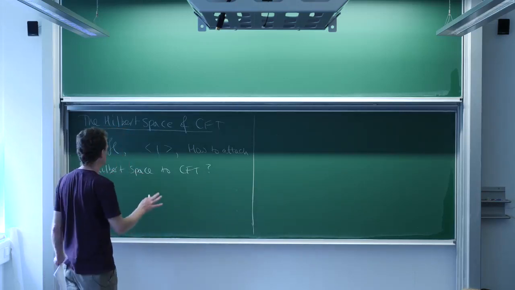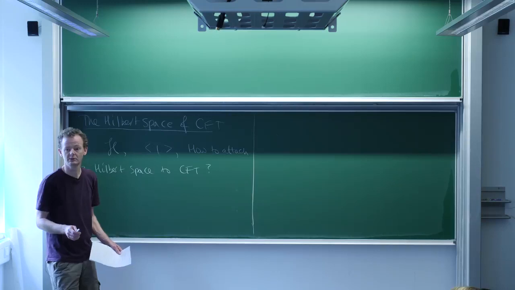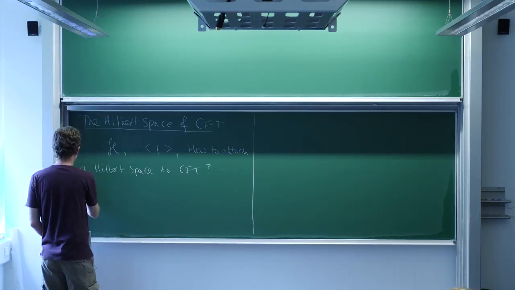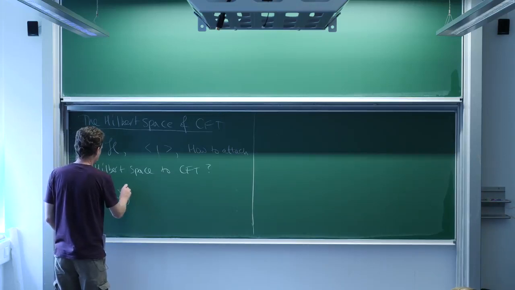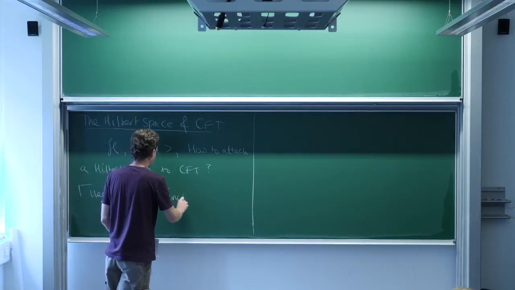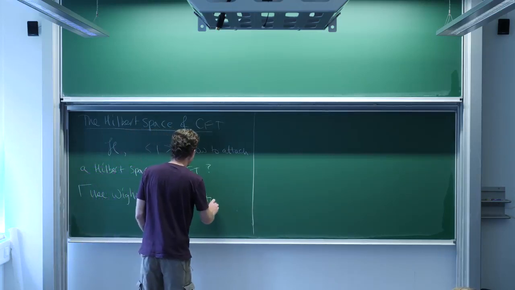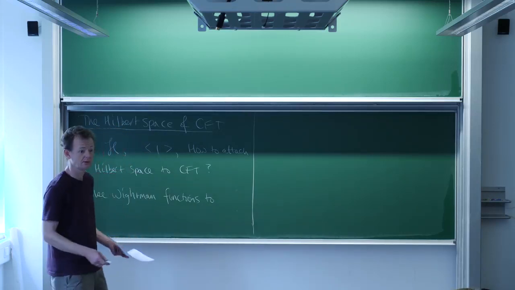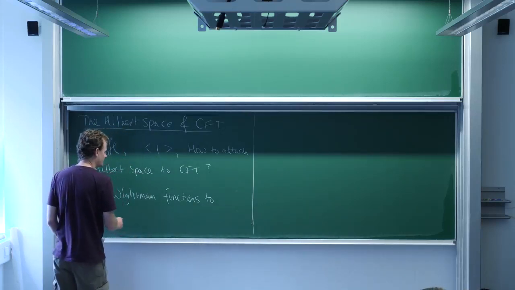So this is, roughly speaking, what we're actually going to do in this lecture today. You can use Wightman functions to build a Hilbert space for any sufficiently well-behaved quantum field theory.